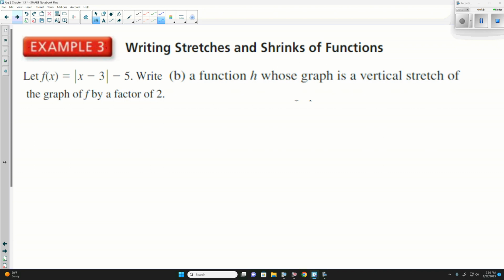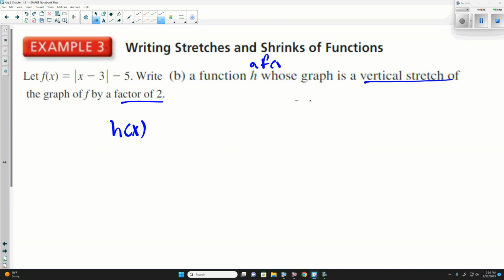Now this first one here, we want to write a function, not g of x, h of x. Got a little too accustomed to having g of x first. H of x, whose graph is a vertical stretch of the graph of f by a factor of 2. So there's 2 ones we can use for vertical stretch and horizontal stretch or shrink.